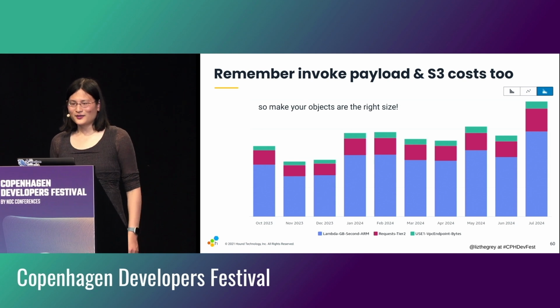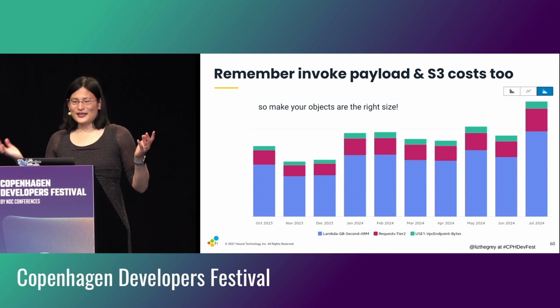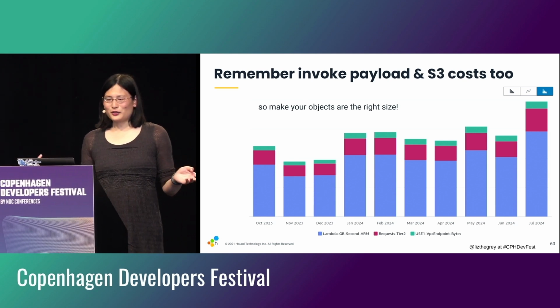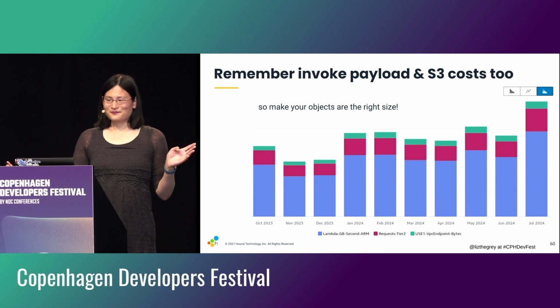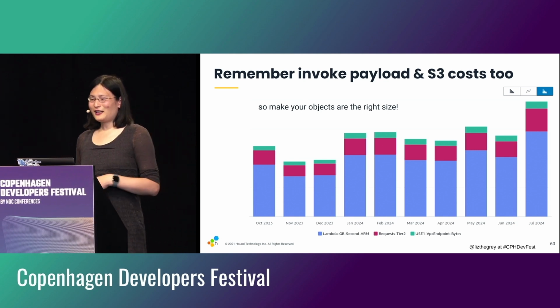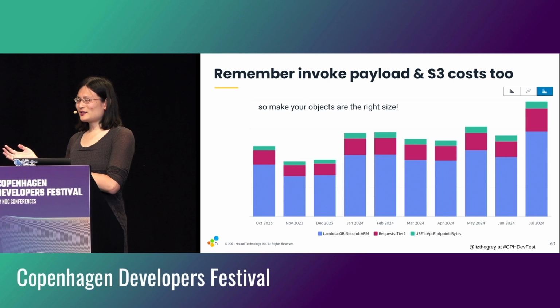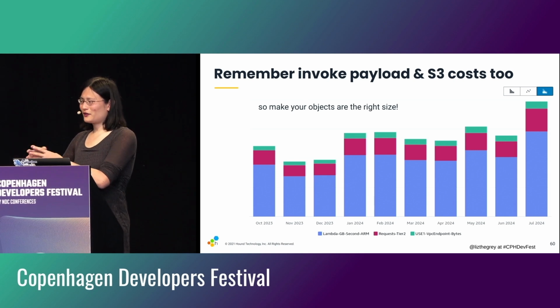The other interesting thing, which I was talking about with the lovely folks at the Seek booth yesterday, is that even if we shrunk our Lambda bill by 50% or 90%, that still does not get rid of the fixed costs regardless of the amount of time your Lambda runs.